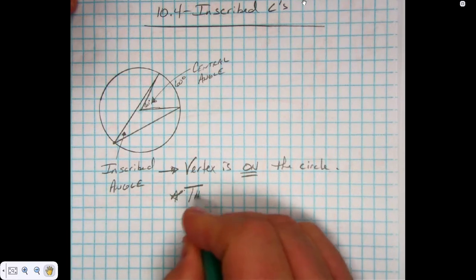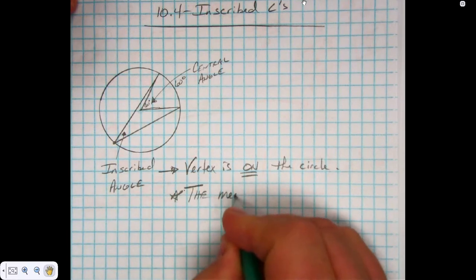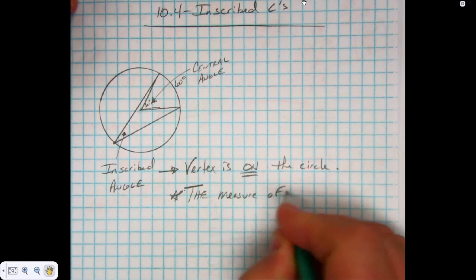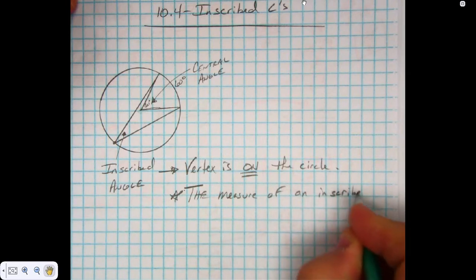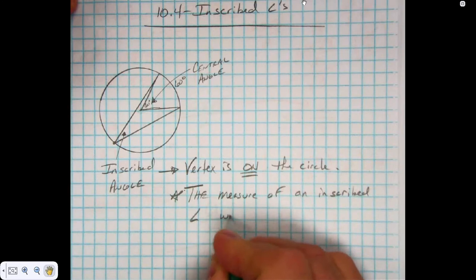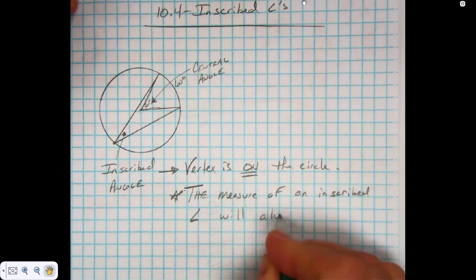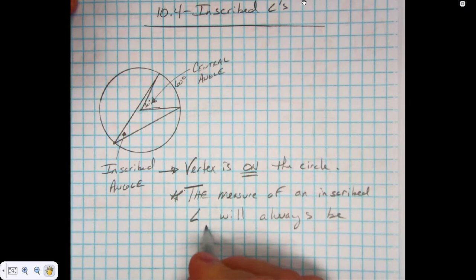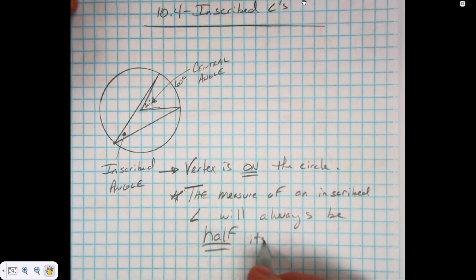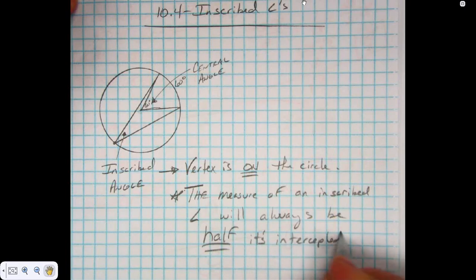Key point, the measure of an inscribed angle will always be half its intercepted arc.